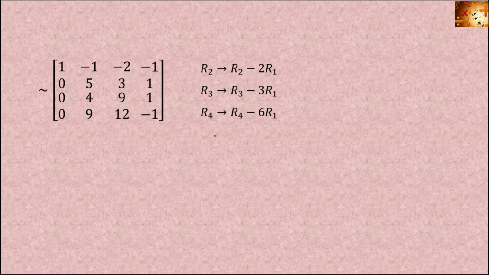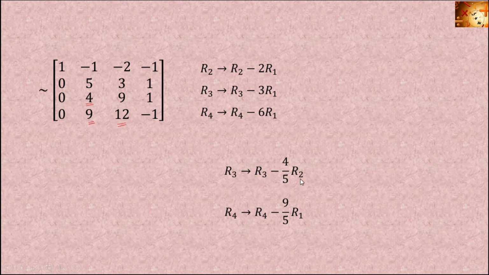Next, we want to make this minus 4 as 0, this 9 as 0, and 12 as 0. Consider the elements 4 and 9. With respect to R2, you want to make 4 and 9 as 0. So the transformations are R3 changes to R3 minus 4 by 5 R2, since the corresponding element in R2 is 5.